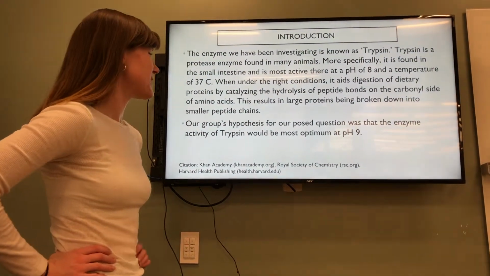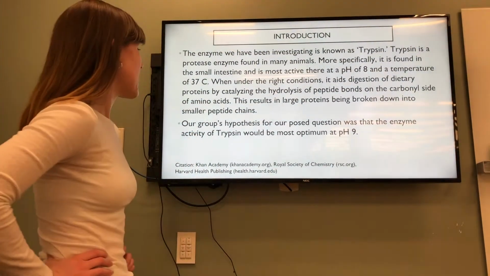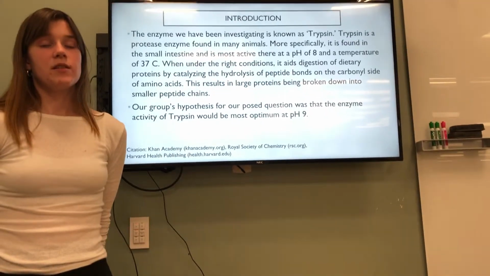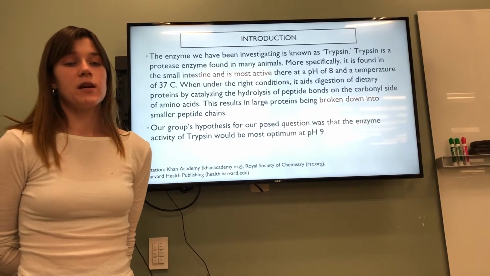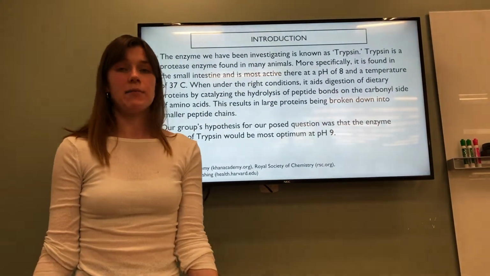Our group's hypothesis for our posed question was that the enzyme activity of trypsin would be most optimal at pH 9. So the question that our group investigated was how does the change in pH affect enzyme activity?